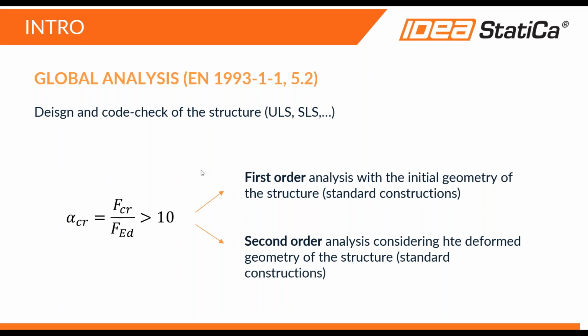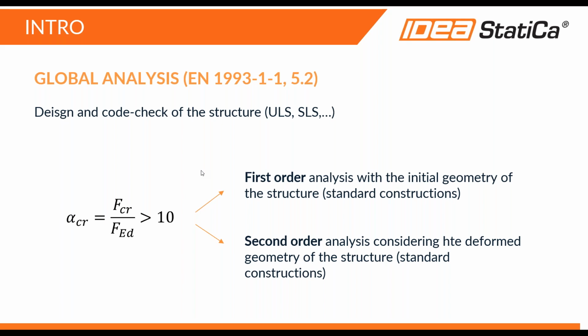So for some introduction, just briefly, when should we actually do this? When should we bother with that? Eurocode, as well as the other codes, is very similar. Imagine you have the global structure model.